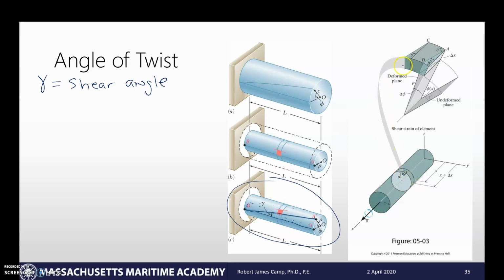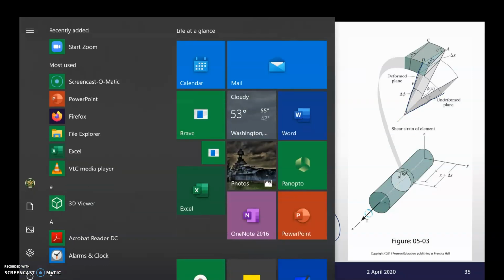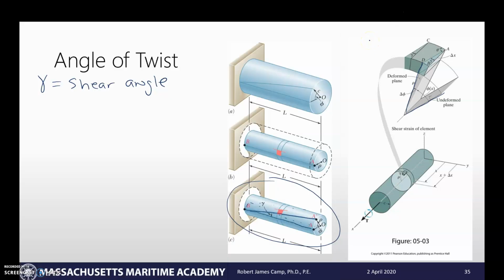Looking at this element, here's my original plane, which would be this line BA. And then we have this plane here, which represents BA prime. And so we're going to focus on the geometry of what's going on right here.